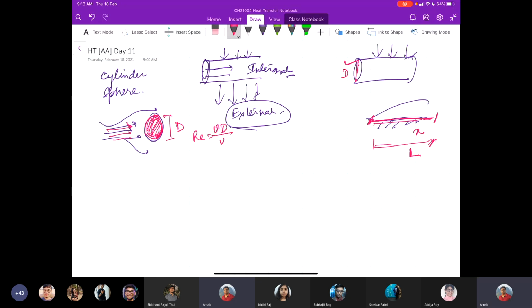Now, the critical Reynolds number for the flow across such a circular cylinder or sphere: in the case of a flat plate, we have seen that it is nearly on the order of 10 to the power 5. Here, again, this is on the order of 2 into 10 to the power 5.